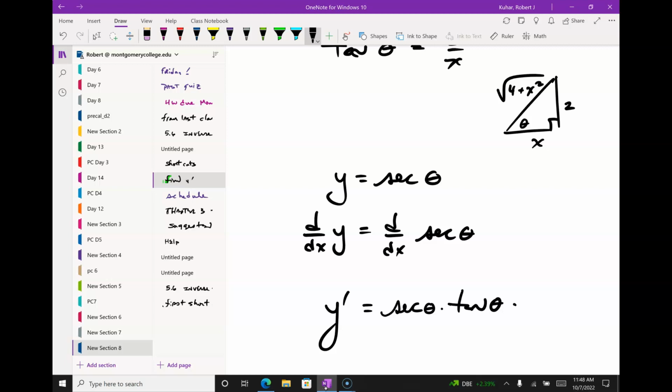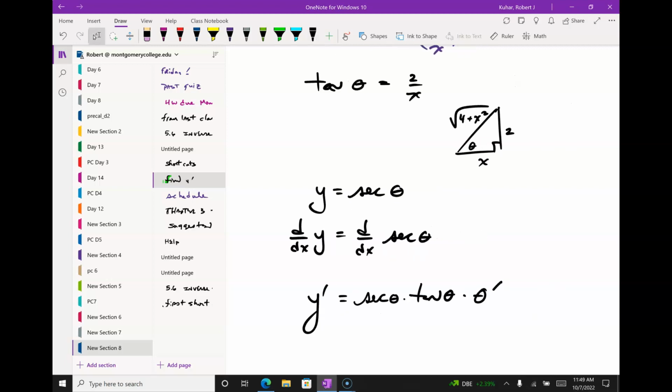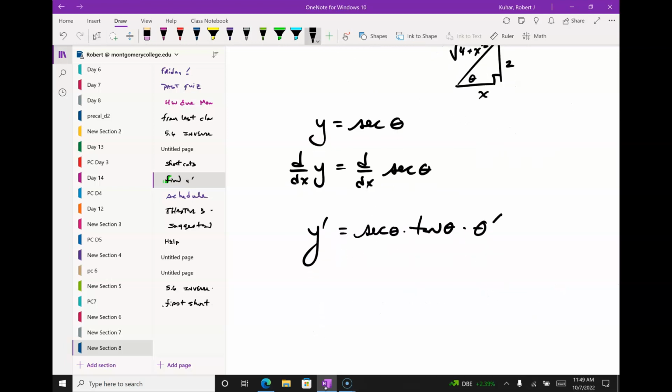Chain rule. What's the inside? Theta, so theta prime. I have y prime equals the secant of theta times the tangent of theta times the derivative of arctan of 2 over x.